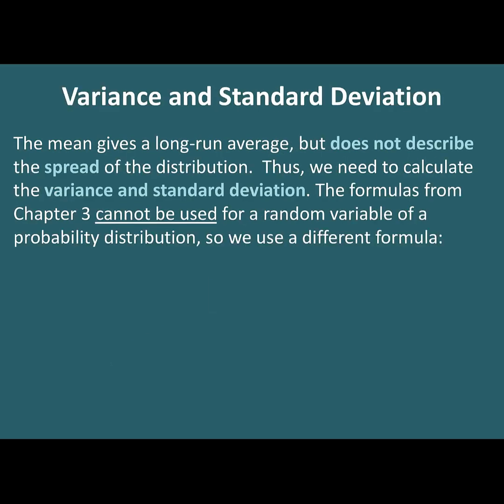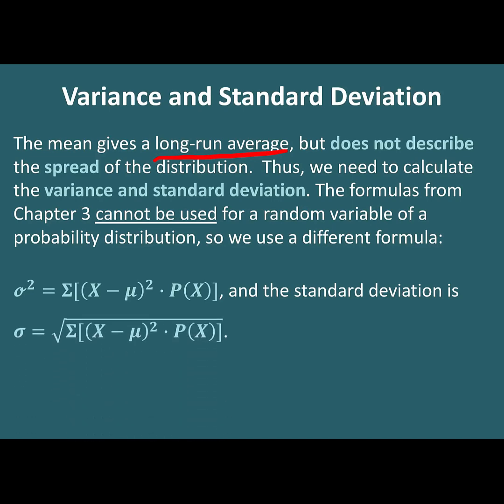The mean gives a long-run average, but it does not describe the spread of the distribution. Thus, we need to calculate the variance and standard deviation. The formulas from Chapter 3 cannot be used for a random variable of a probability distribution, so we will use a different formula. Now the formula here looks fairly intimidating, and the standard deviation is also just as intimidating.